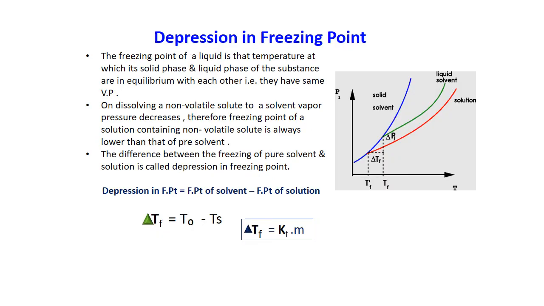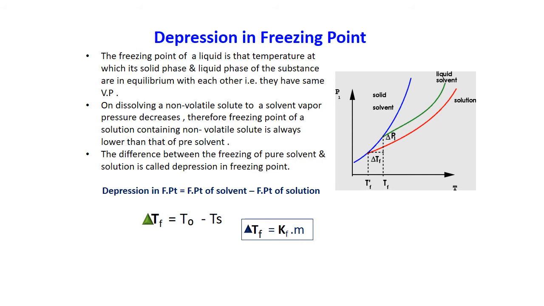Depression in freezing point. Freezing point means the temperature at which any liquid freezes, or at which the vapor pressure of the solid phase and liquid phase are in equilibrium with each other. Both have the same vapor pressure. On dissolving a non-volatile solute in a solvent, vapor pressure decreases.